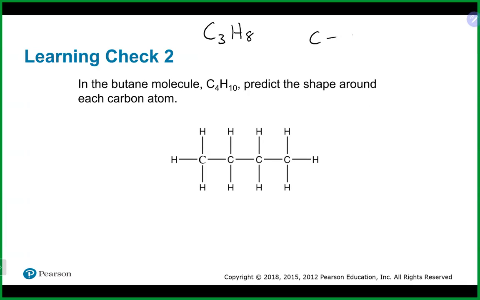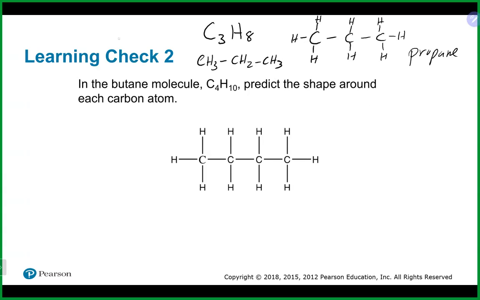This is propane, which looks something like this in the expanded formula, and the condensed and line structures look like this. All three of those are propane.